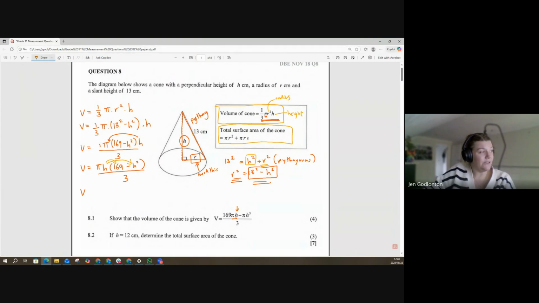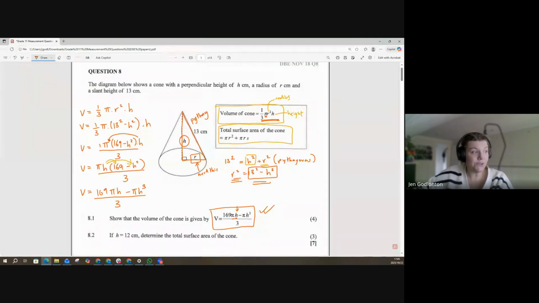So my volume would be pi h 169. Let's write it the same way that they've told us in their one so that we're doing exactly the same. So 169 pi h minus pi h cubed all over 3. And then we are showing that it is exactly like that.